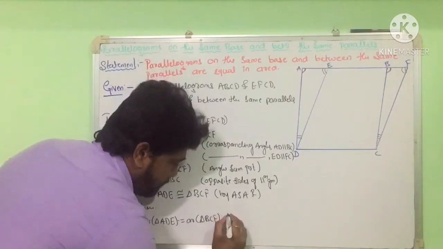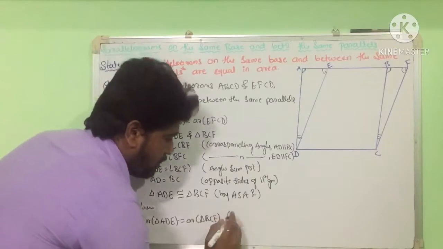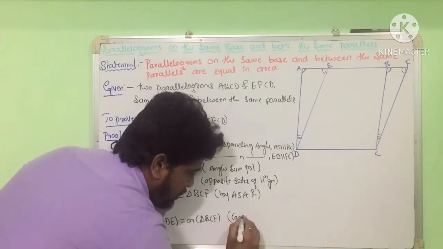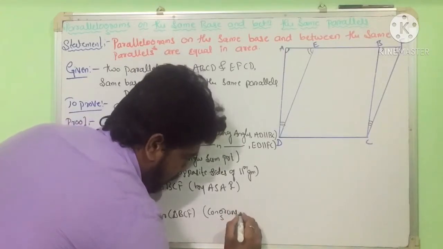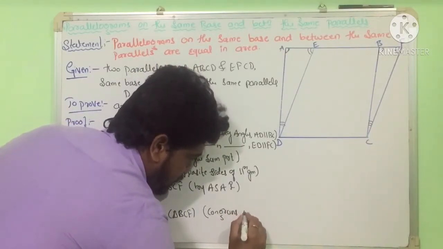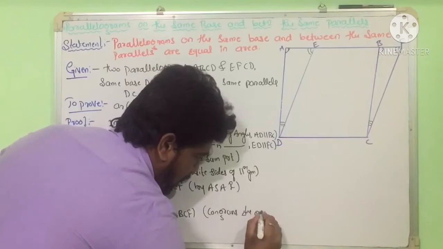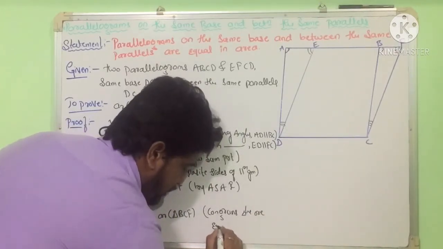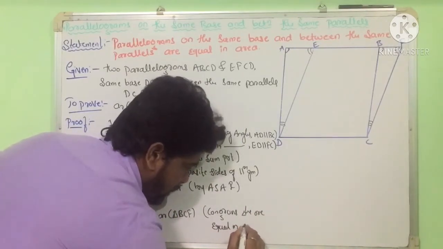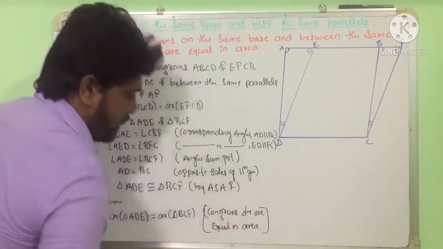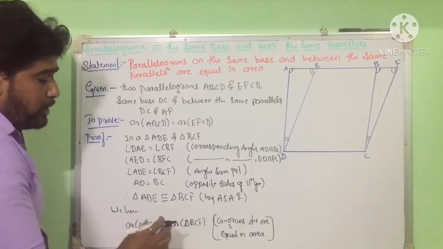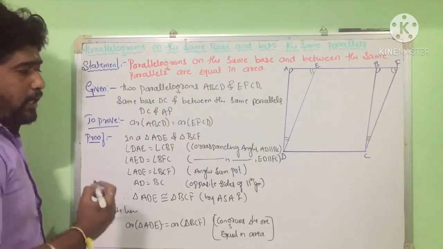Reason: congruent triangles are equal in area, right? So these two triangles are equal in their area.